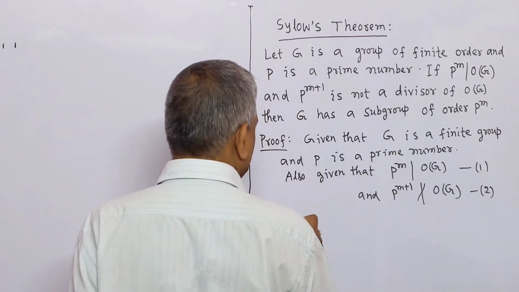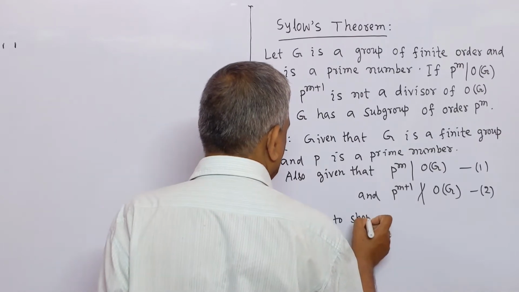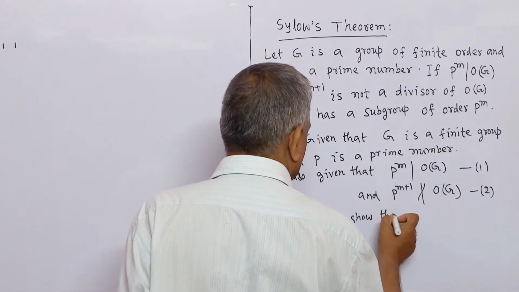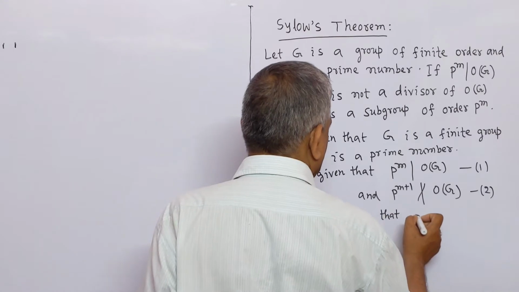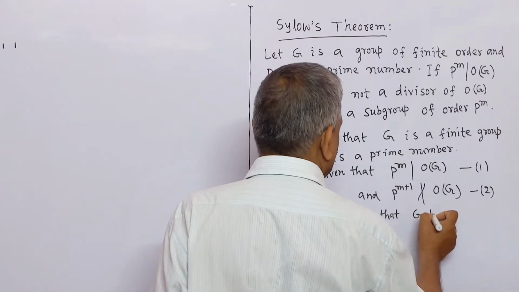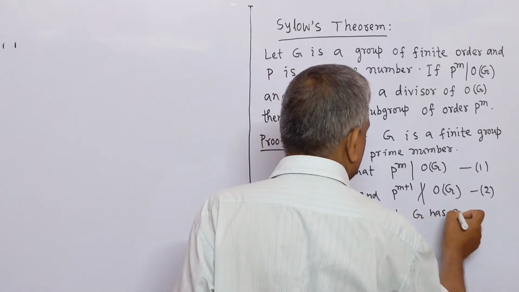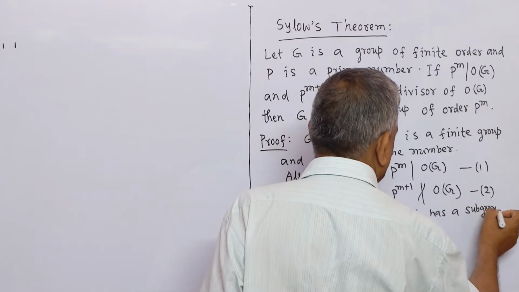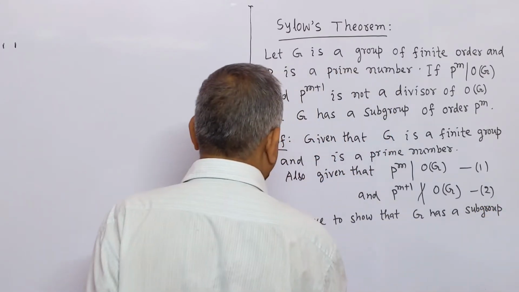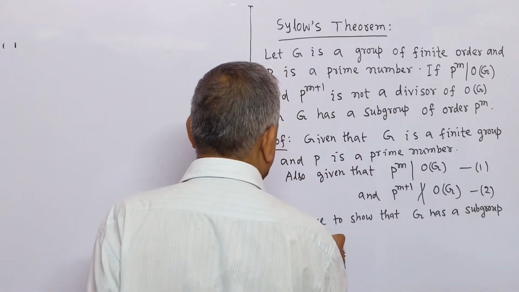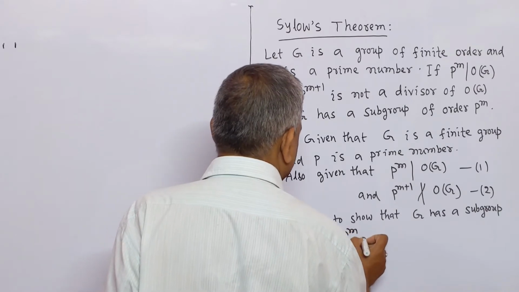We have to show that G has a subgroup of order P to the power m.